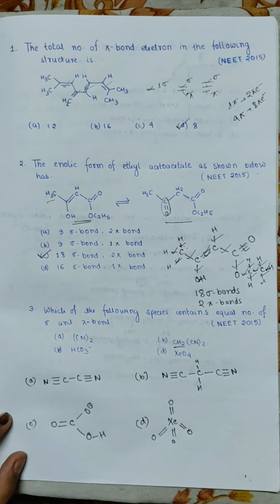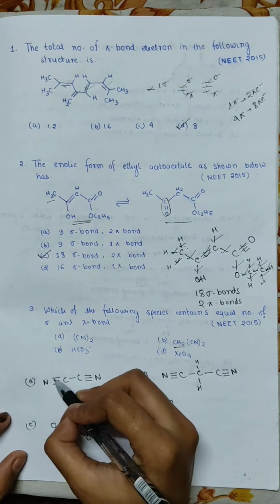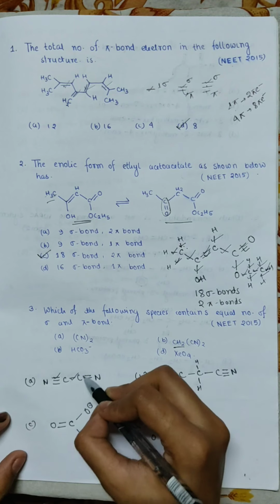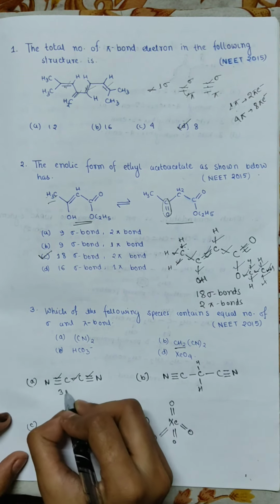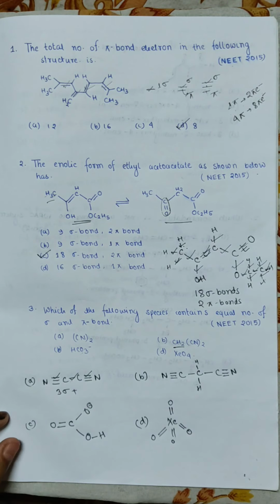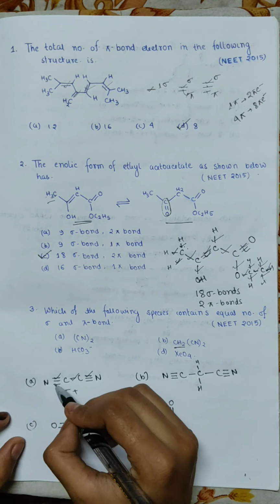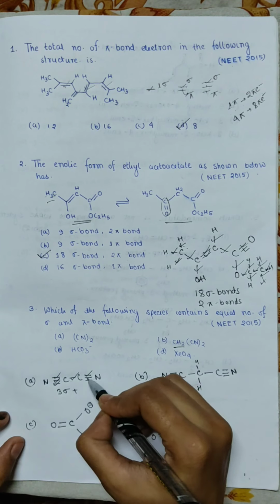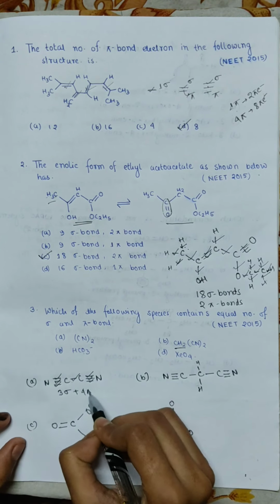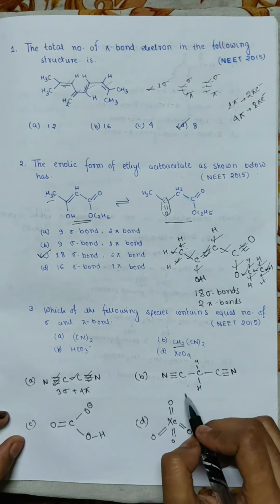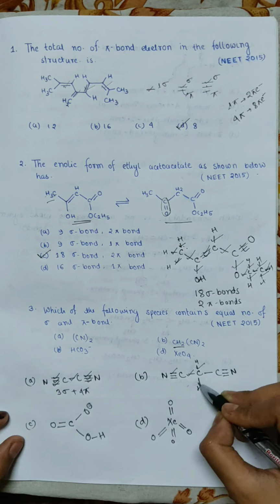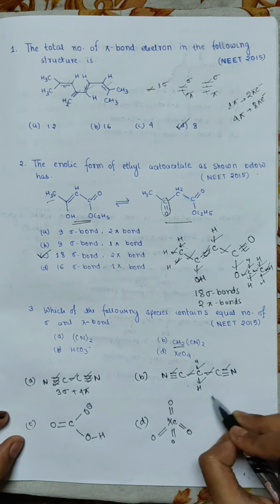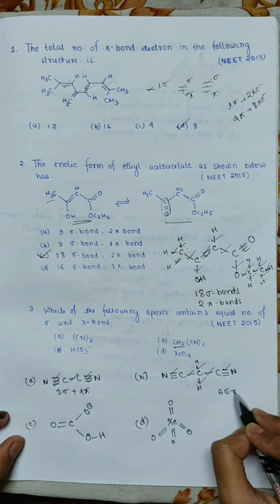So first option A. It has sigma bonds 1, 2, 3. 3 sigma bonds are there. So I have to write 3 sigma. And let me count how many pi bonds are there. So there are 1, 2, 3, 4. 4 pi bonds. The next is option B. It has 1, 2, 3, 4, 5, 6. 6 sigma bonds.